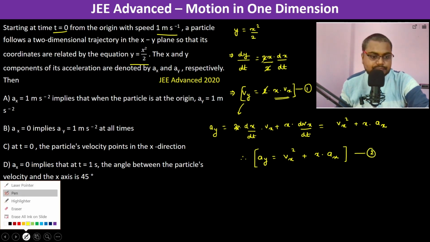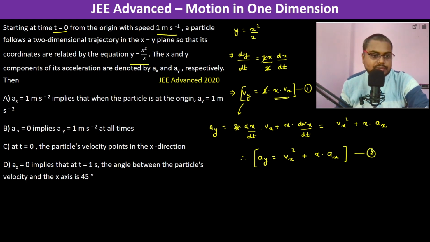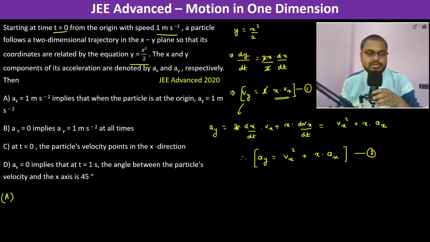Now let us solve. ax equals 1 meter per second square implies that when the particle is at the origin, ay is equal to 1 meter per second square. Yes, so ax is equal to 1, therefore ay equals vx square plus x into ax.